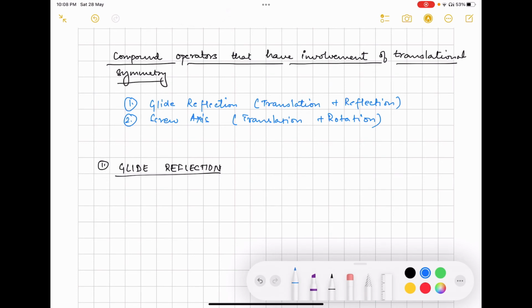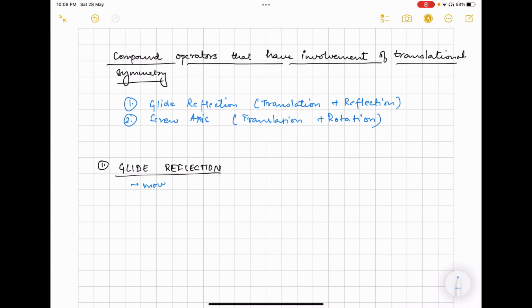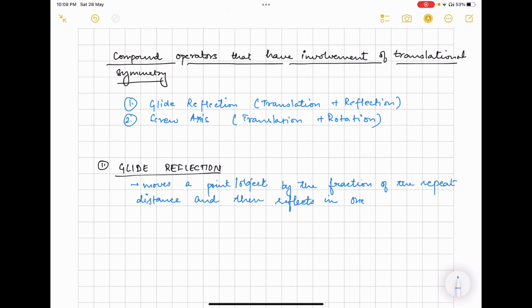It moves a point or the object by the fraction of the repeat distance and then reflects it in one go. So we get a point or the object after both the operations have been applied.